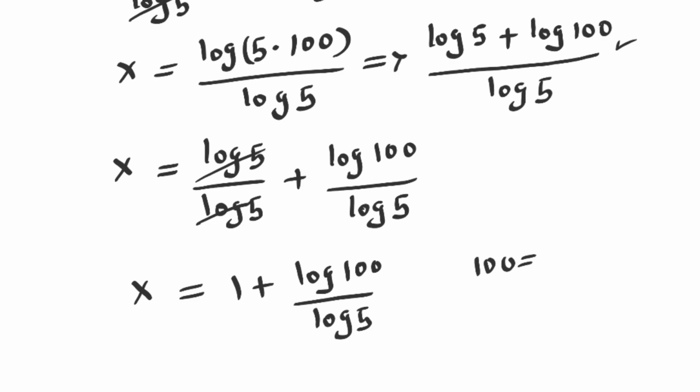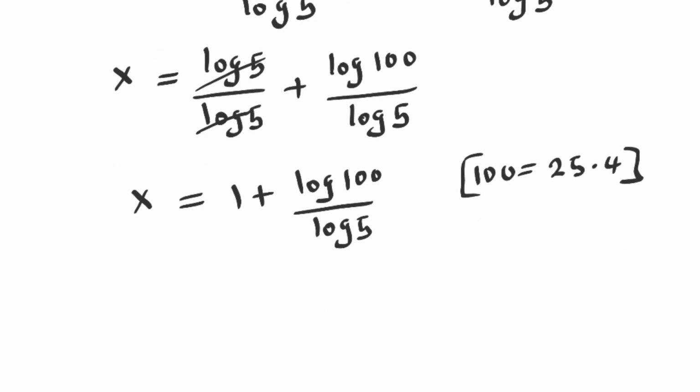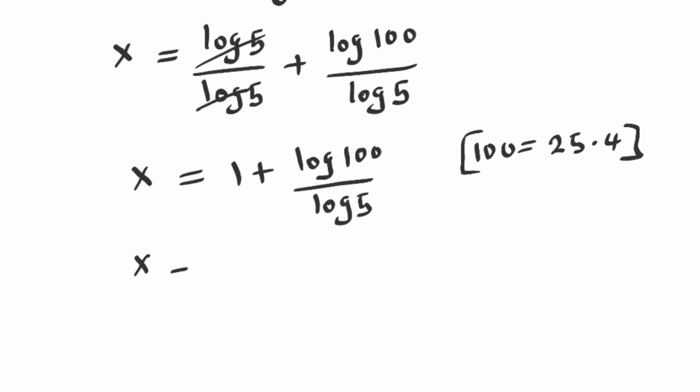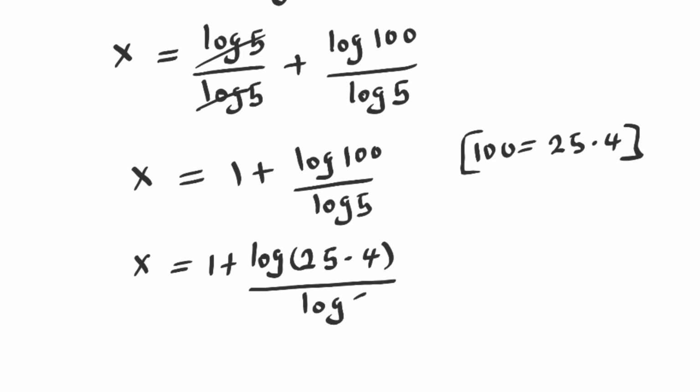100 is equal to 25 multiplied by 4. x is equal to 1 plus log of 25 multiplied by 4 over log 5.